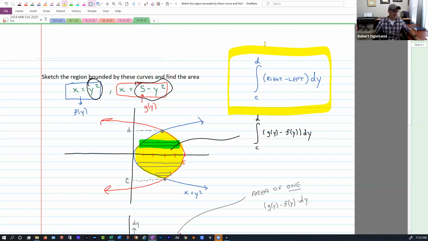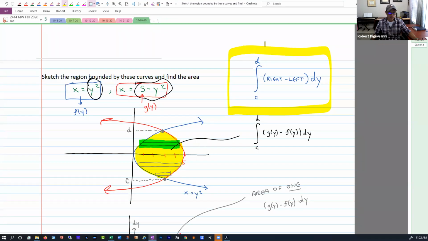I think that's better to have burned into your mind than f and g and all that. It's just whichever one is on the right minus whichever one is on the left. Your integral goes from c to d, and you're integrating with respect to y.